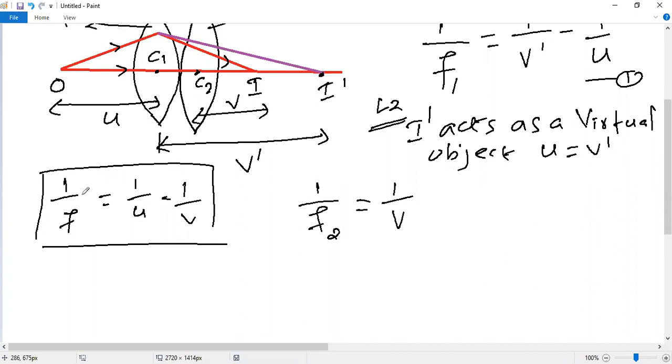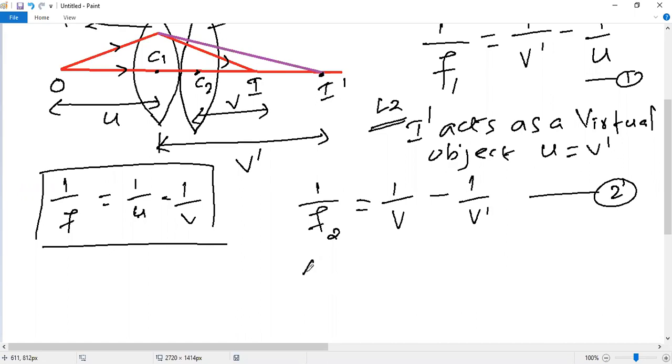Next, for the second lens, u is v dash, and v is as it is. So 1 by f2 equal to 1 by v minus 1 by v dash. This is equation number 2.